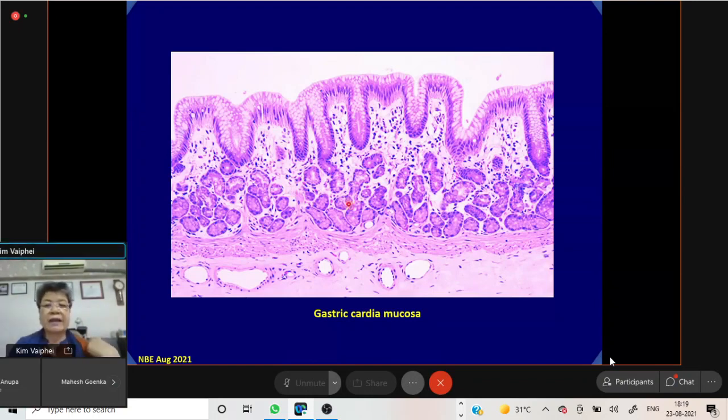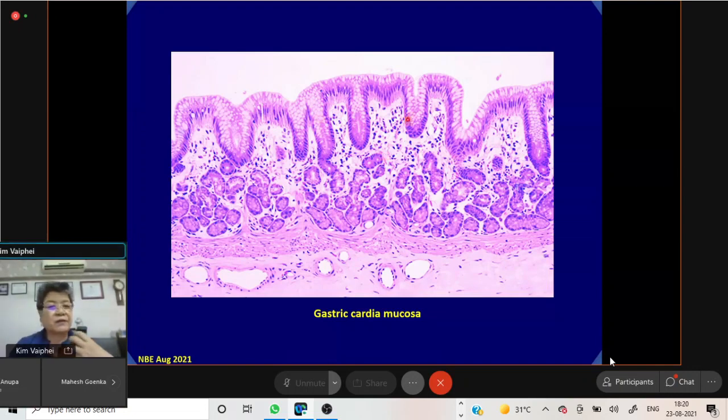And so the cardia is a slightly controversial part of the stomach, because for the cardia mucosa, histologically, there is nothing really fixed. This is what I feel is very representative for a biopsy from the cardia of the stomach.